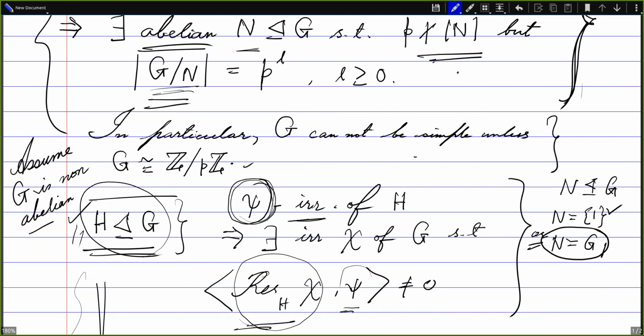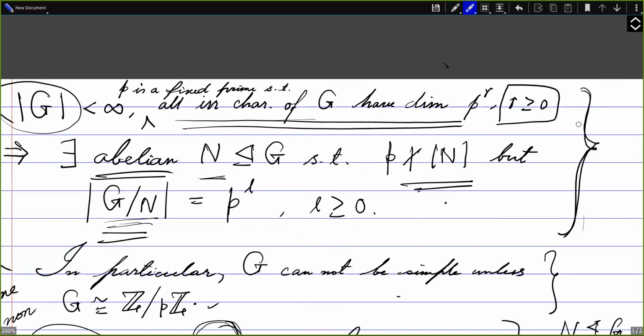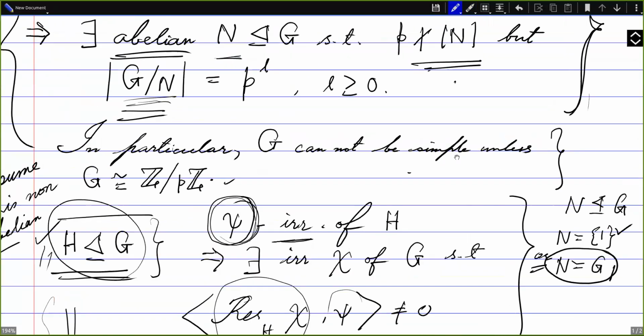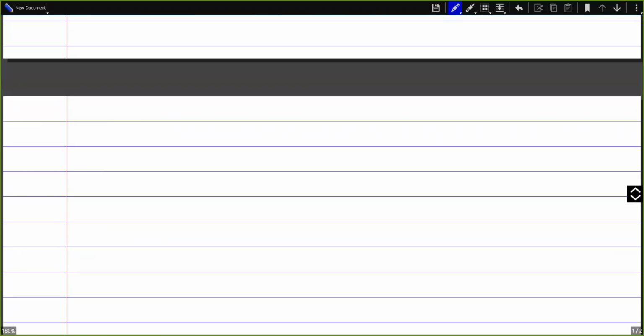I might have missed that in the beginning anyway. So basically, since we could not pass through factor groups, we rather look for some suitable normal subgroup, and then Clifford's theorem indeed made this condition happen for H as well.